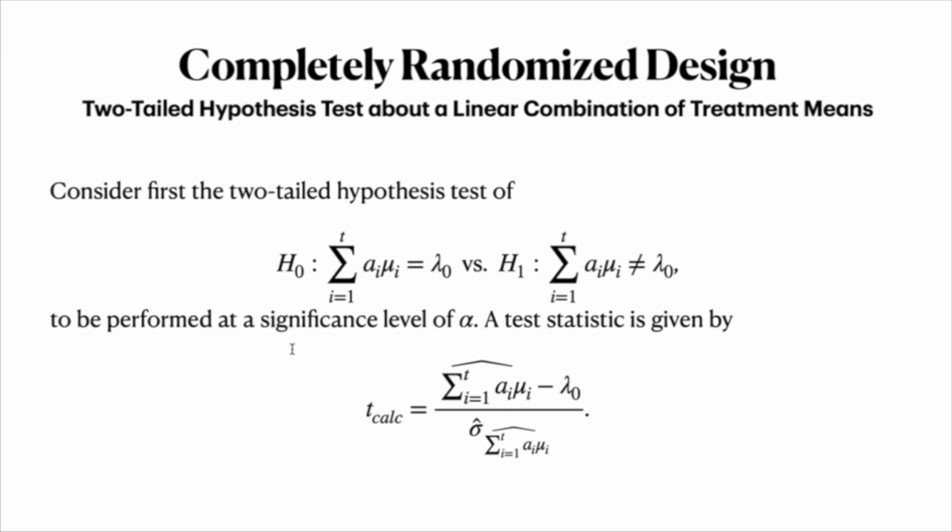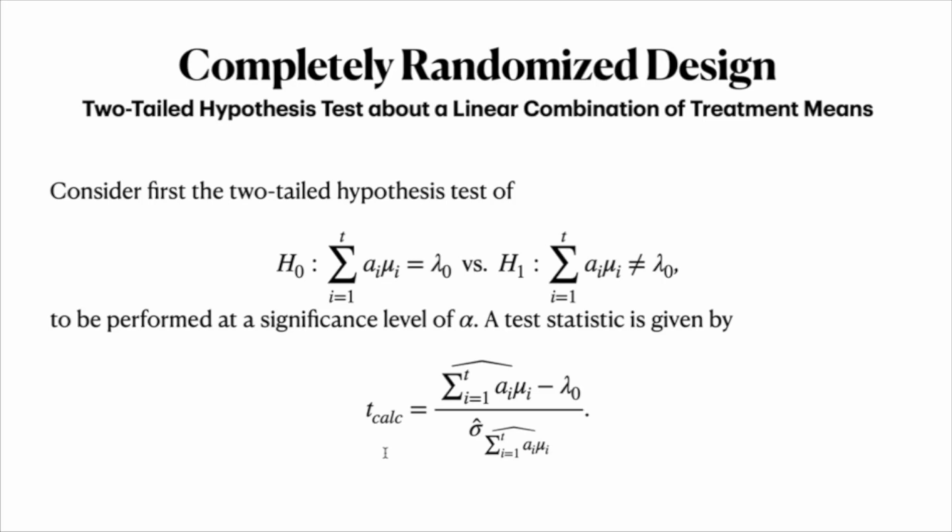Now, based on what we've learned about the sampling distribution of the estimate of the linear combination, we can come up with the test statistic that we'll use. And this version of the test statistic we're going to call t-calc, because the reference distribution for this test using this test statistic would be the t distribution itself.